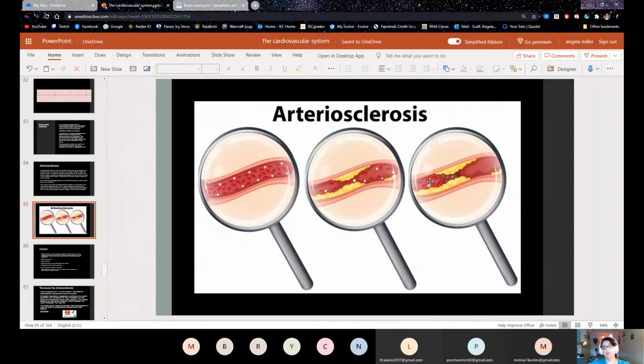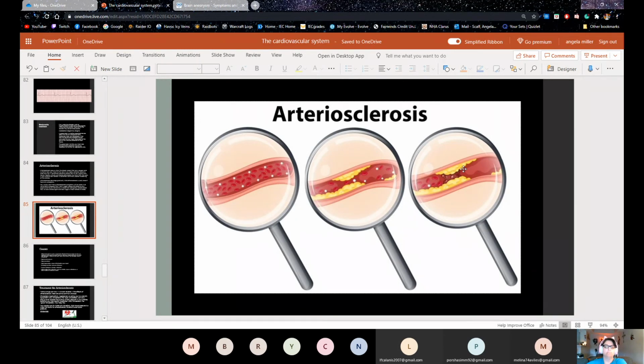What that can lead to is blood clots or blockage, thrombus, all kinds of issues and bad things we don't want, right? Also, aneurysms could develop. So we don't want this.